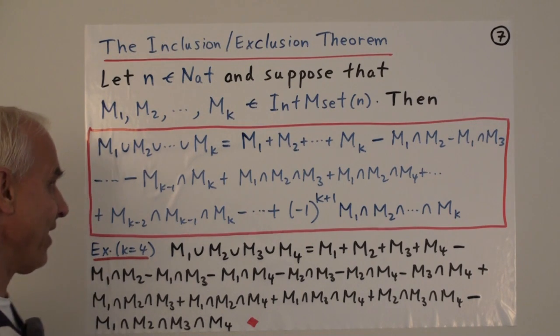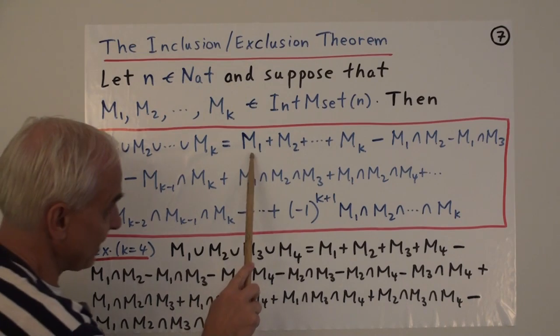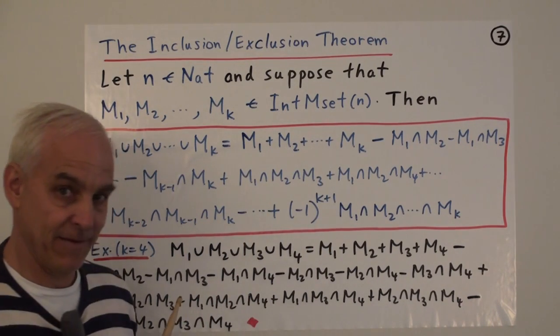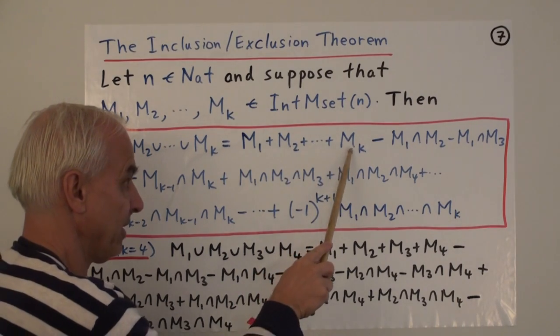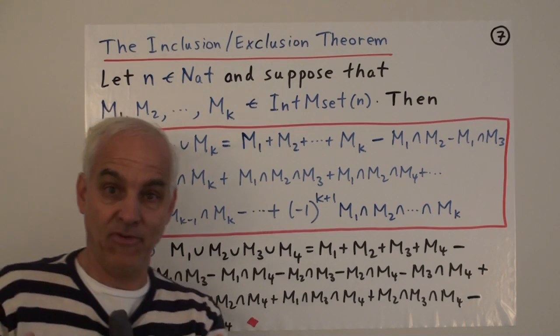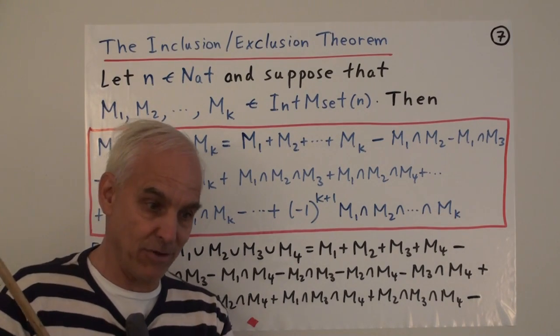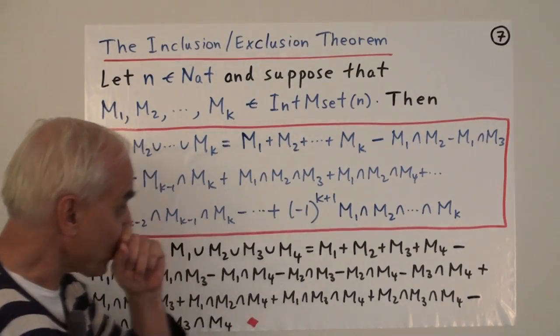So let's have a look what that is. There's a number of different components to it. The first is the sum of just the integral msets, m1 plus m2 all the way up to mk. So we have to add those all up as integral msets. We've just been talking about how to add integral msets. We know how to do that. That's what we're doing here.